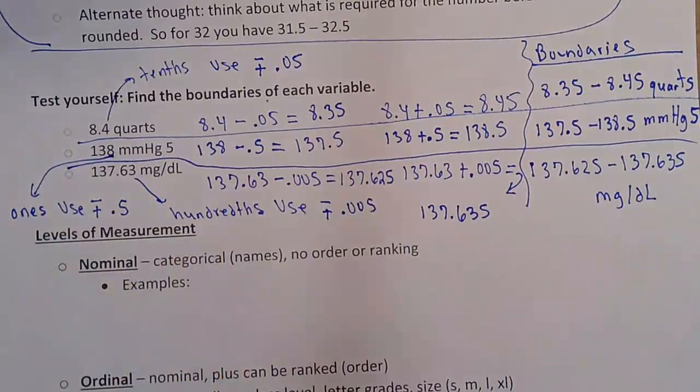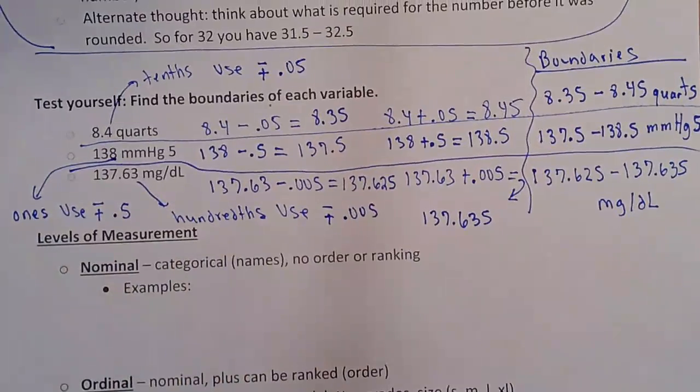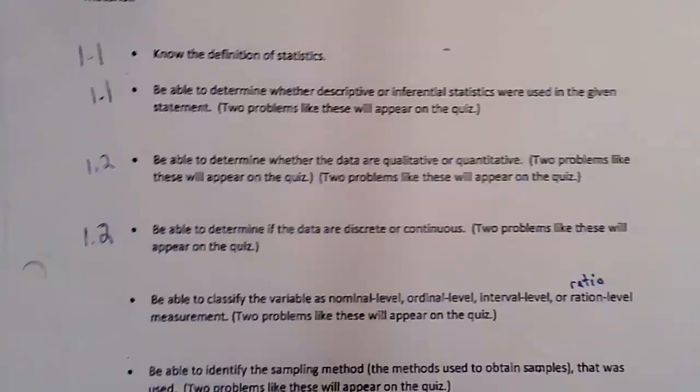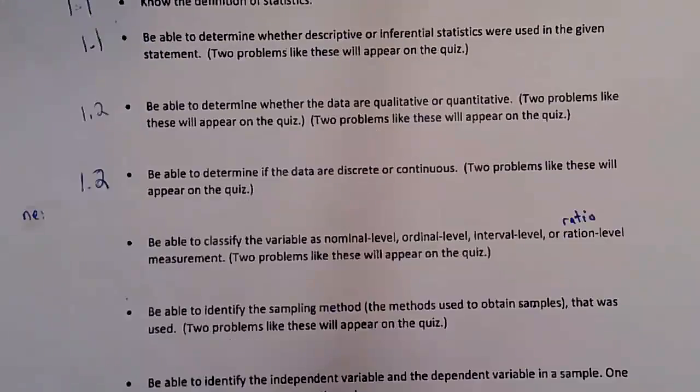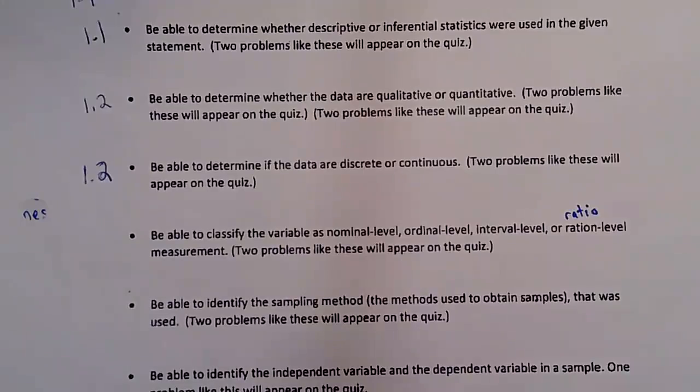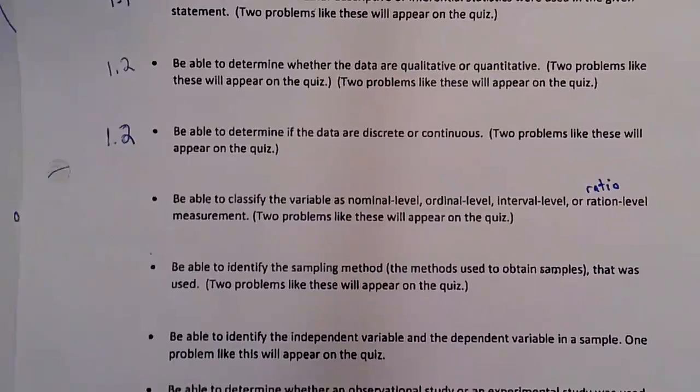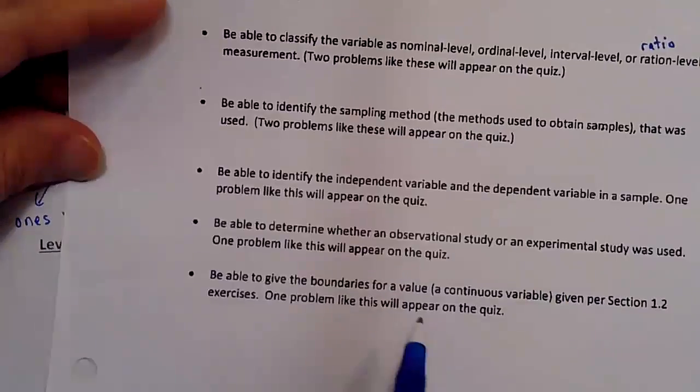All right. So then we're on the last part now of 1.2. And let me see your little study guide here. All right. So the boundary, we actually did the boundary, and the boundary was at the bottom. So down here, we just showed you the boundaries.